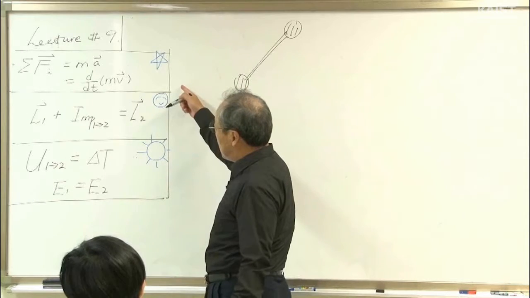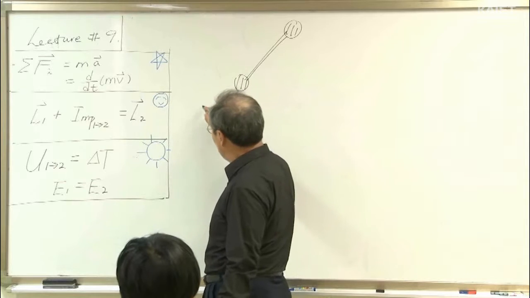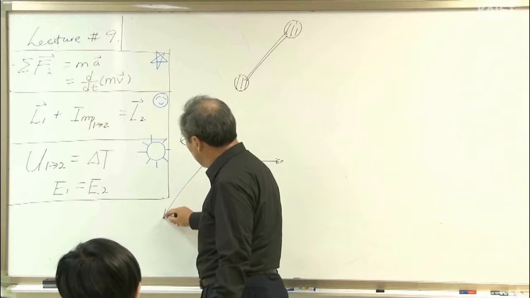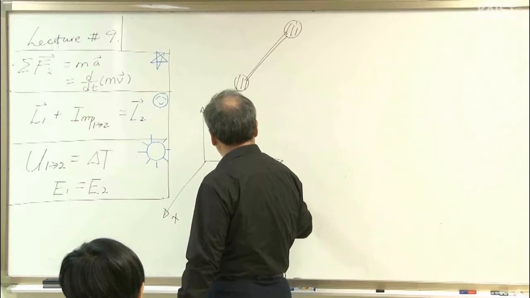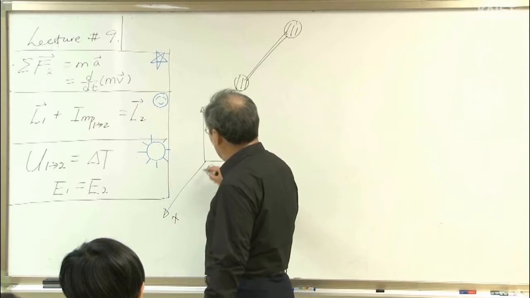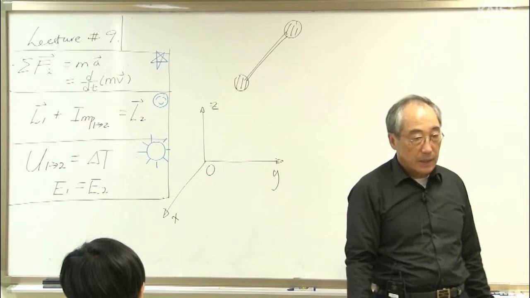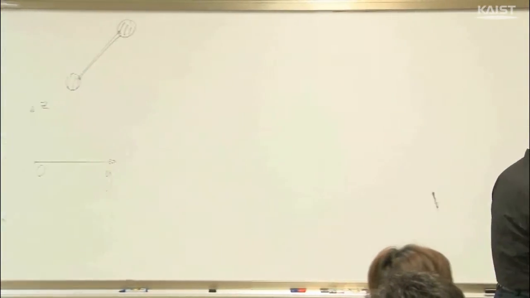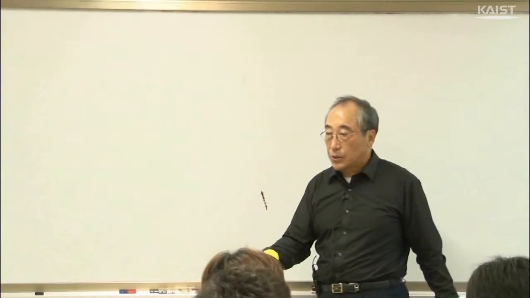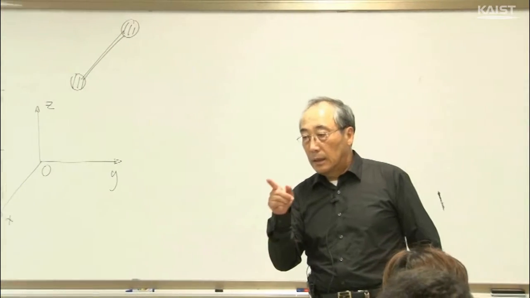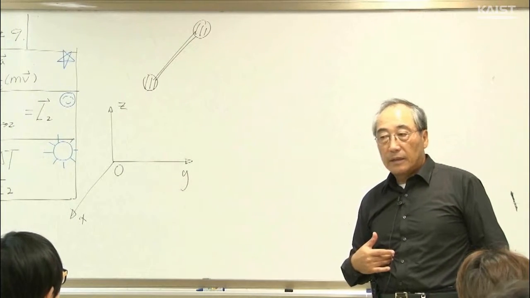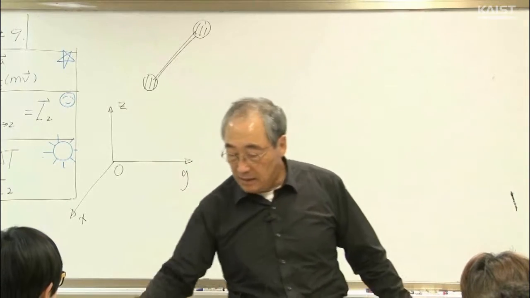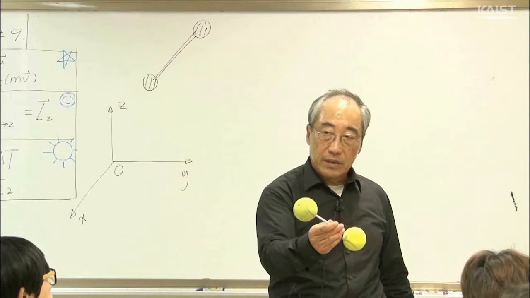And because to apply these three laws we need a coordinate, let's call this x, y, z, and the origin of the coordinate is O. Okay? I intend to look at the motion of these two particles from here, as well as the coordinate over here.